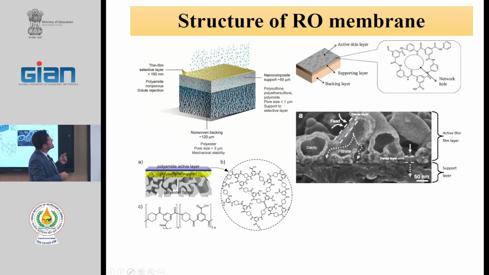But a thin layer does not have good stability and can be easily torn, and therefore we prepare this layer on a support for increasing the stability and durability. The main layer is the active, selective layer, and these two layers support it and increase the membrane stability.